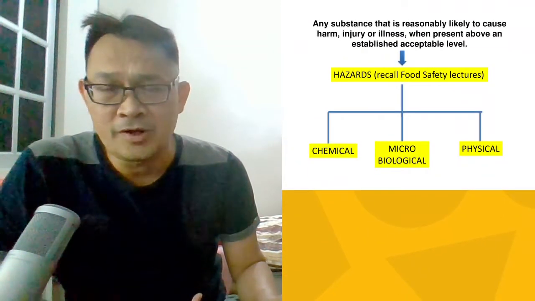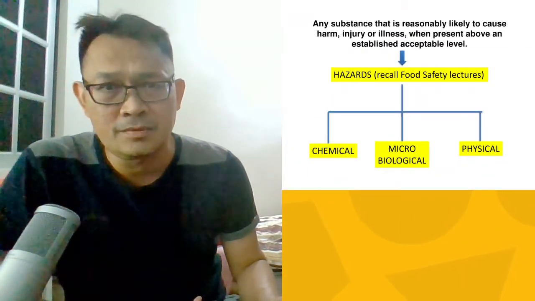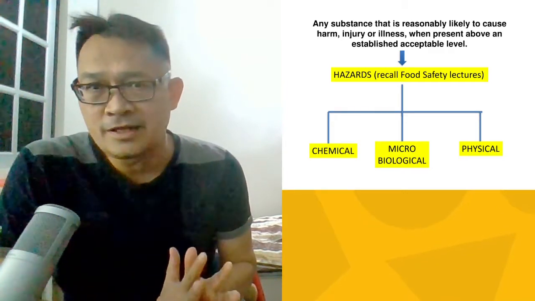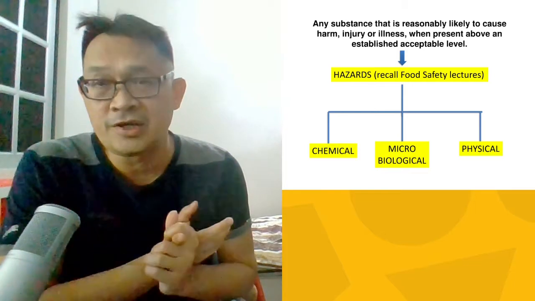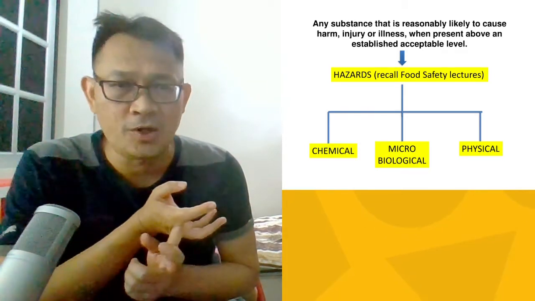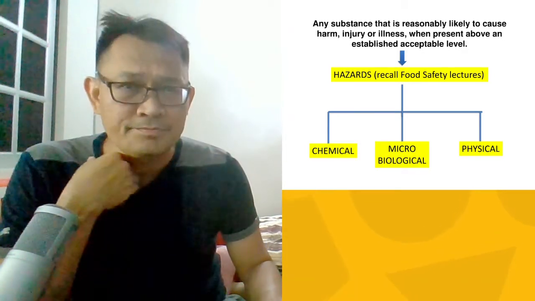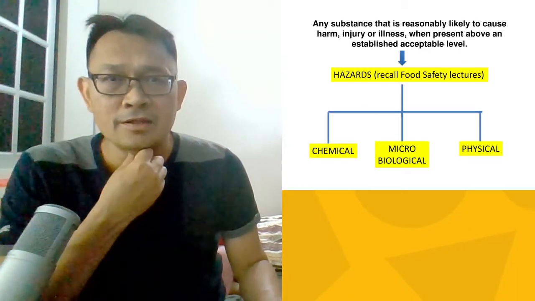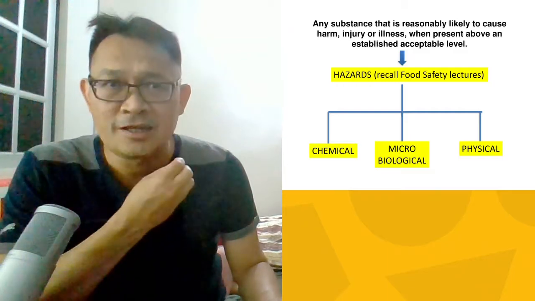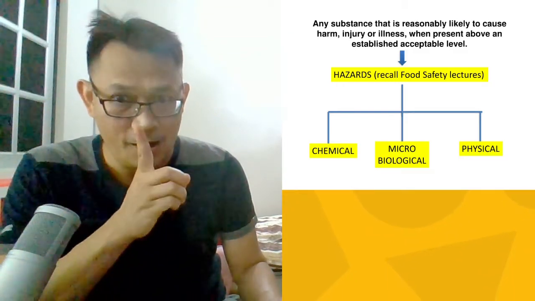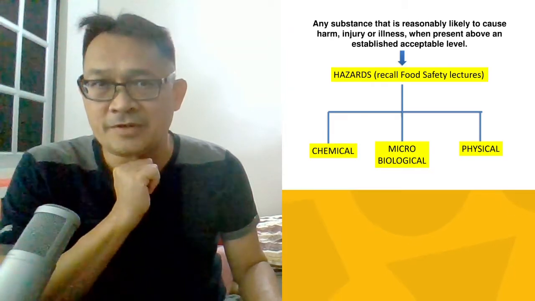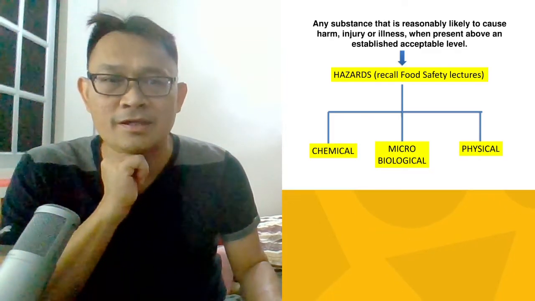You have learned this somewhere, probably in food safety, the definition of hazards, the fact that hazards can be divided into chemical, microbiological and physical types, and by definition it is any substance that is reasonably likely to cause harm, injury or illness when present above established acceptable level.